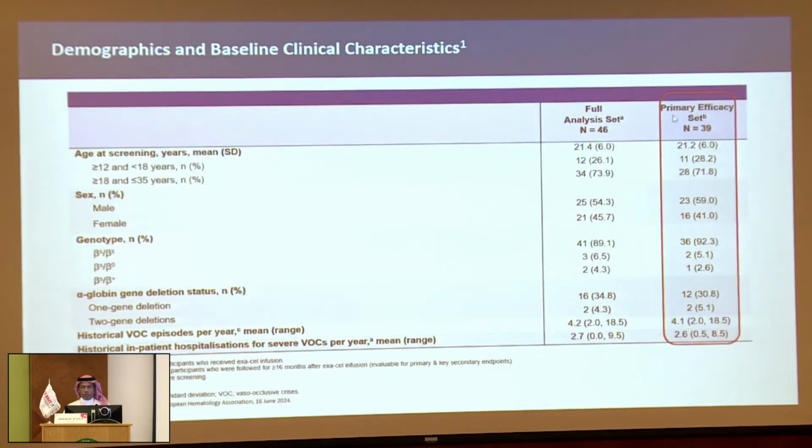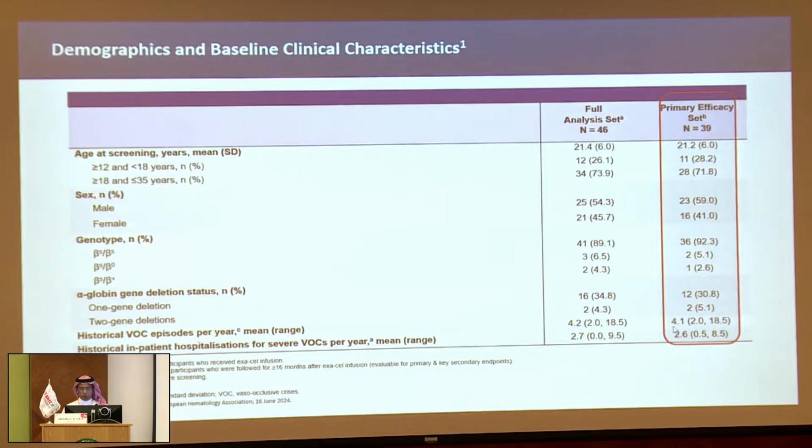Evaluable patients out of the 46 were 39 patients. Around 30% of them are adolescents and the rest are adults. The genotype is mostly severe, either SS or S beta 0. They have co-inheritance of alpha globin gene in around 30%.